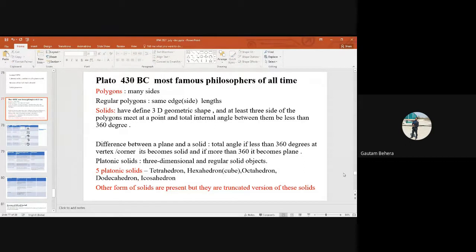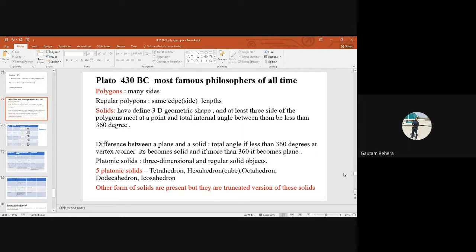Actually, according to Plato, the entire universe is made up of these 5 different types of solids. We cannot have more than these 5 different kinds of solids, right?